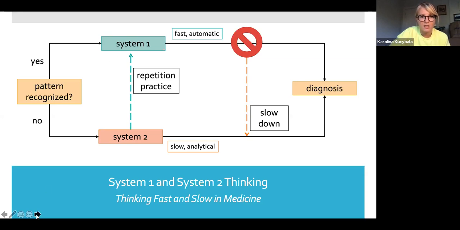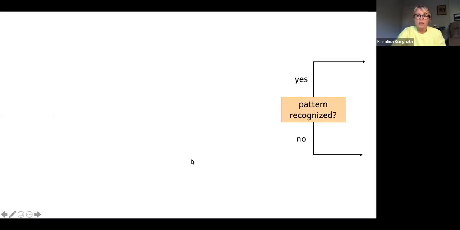Wonderful. Okay, so taking another step back. How do we get to that pattern recognition step? That's where we're going to now talk about those problem representations and those illness scripts.